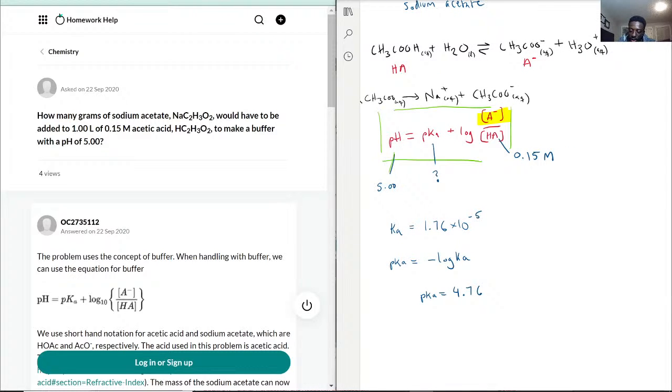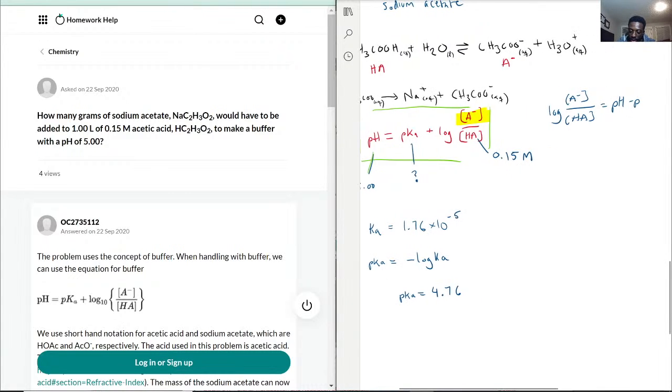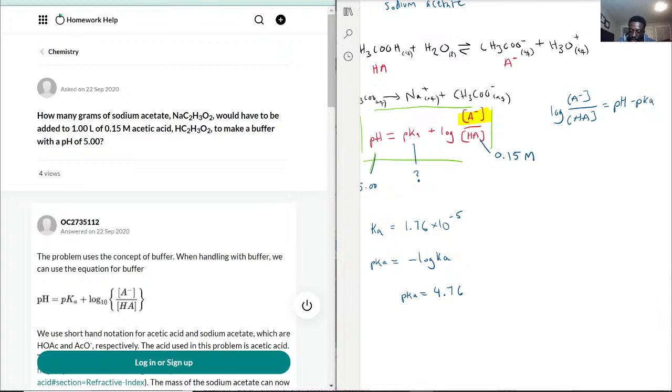Now that we've done all this, let's reorganize this whole equation. It will be log of A minus over HA is equal to pH minus pKa. Now we want to get rid of the log, so we exponentiate everything. So A minus over HA is equal to 10 to the power of pH minus pKa.